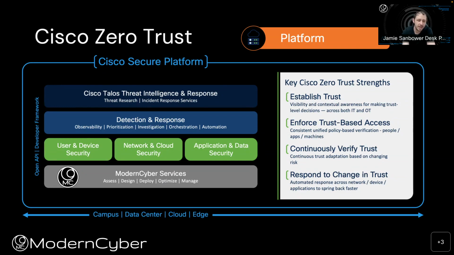And like I mentioned, at Modern Cyber, our big goal is to seamlessly integrate into this platform and help customers assess, design, deploy, optimize, and manage a Zero Trust architecture.